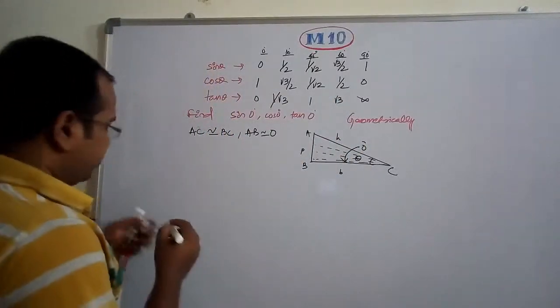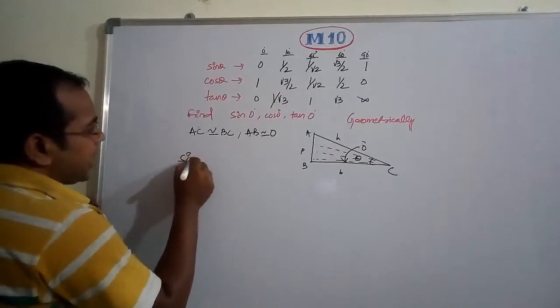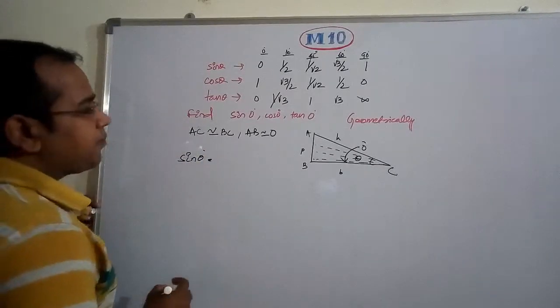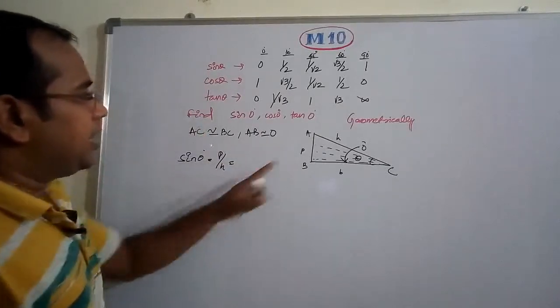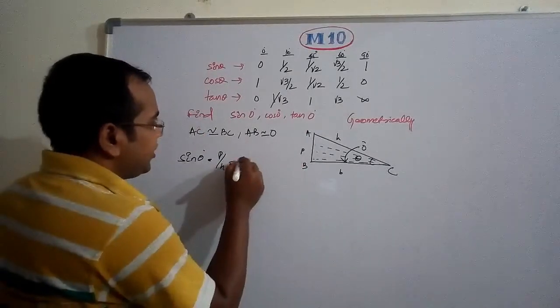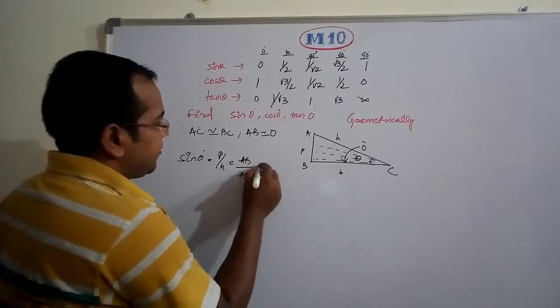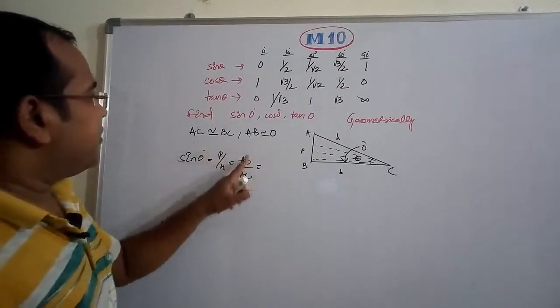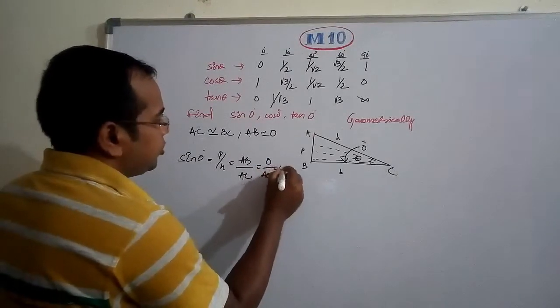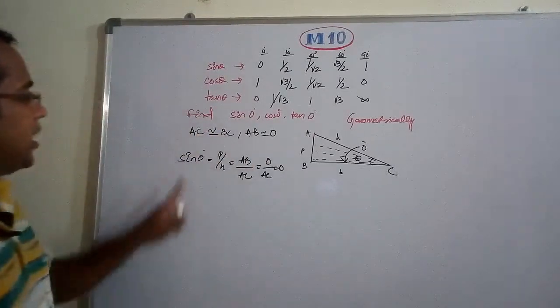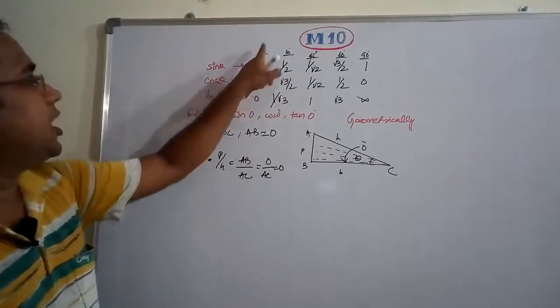Now see what you are going to get for sine 0 degrees. Sine theta equals P by H. P, that is your AB, H equals AC. Now if AB is equal to 0, then 0 by AC will be equal to 0. That means sine 0 is 0.